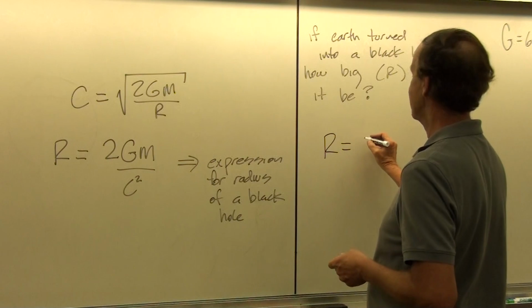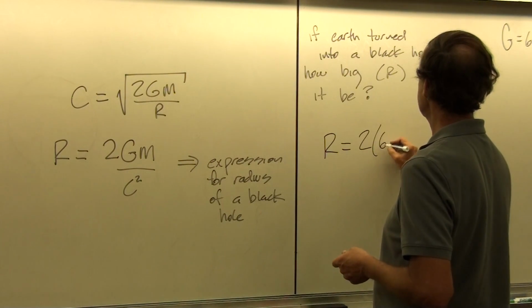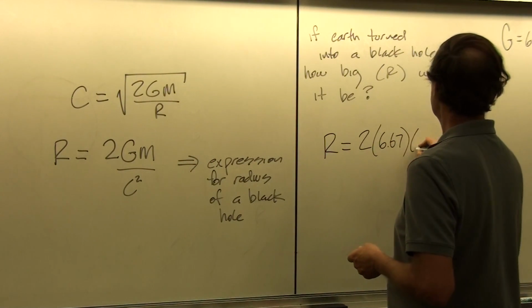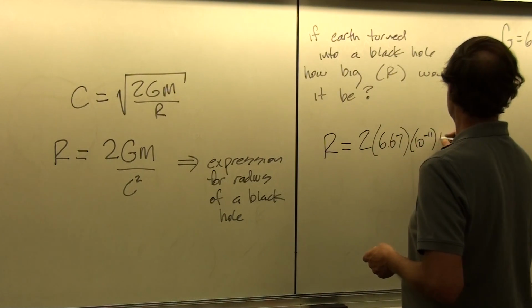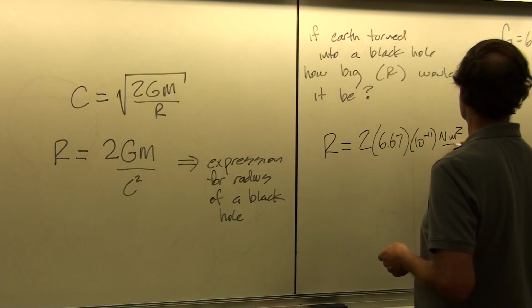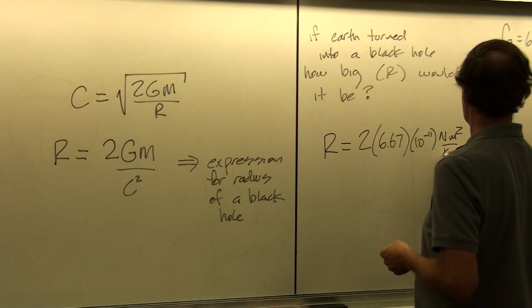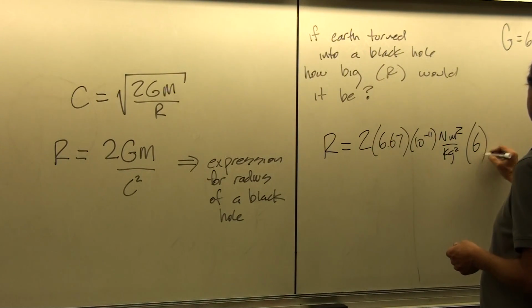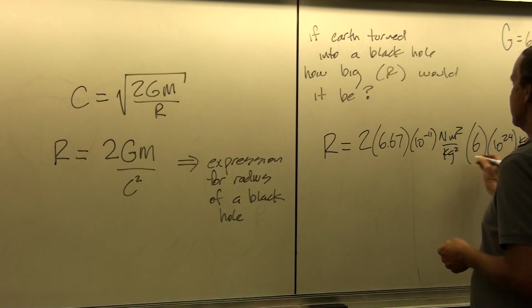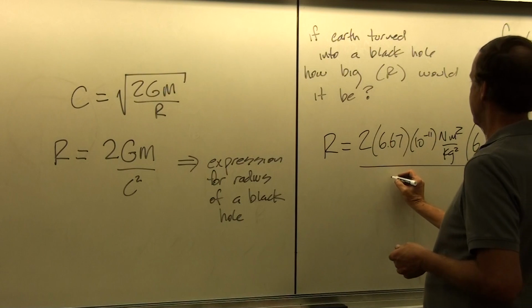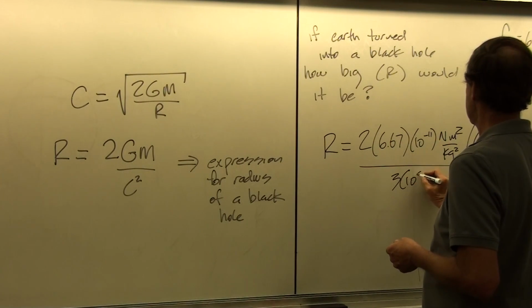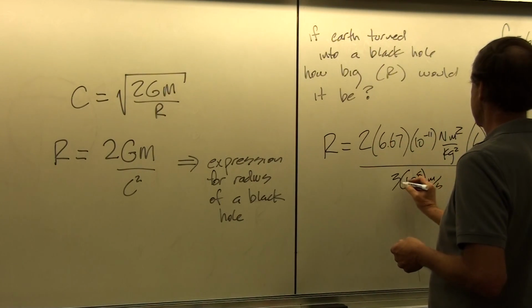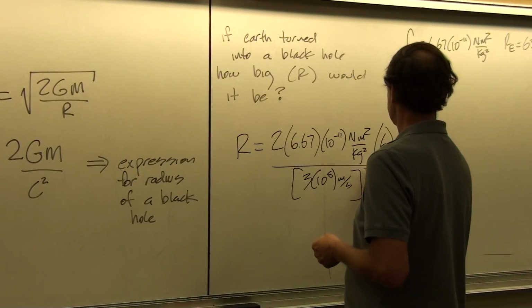So we write this as 2 times G, 6.67 times 10 to the minus 11 newton meters squared per kilogram squared, times the mass of the Earth, 6 times 10 to the 24 kilograms, divided by c squared. So that's 3 times 10 to the 8 meters per second, quantity squared.